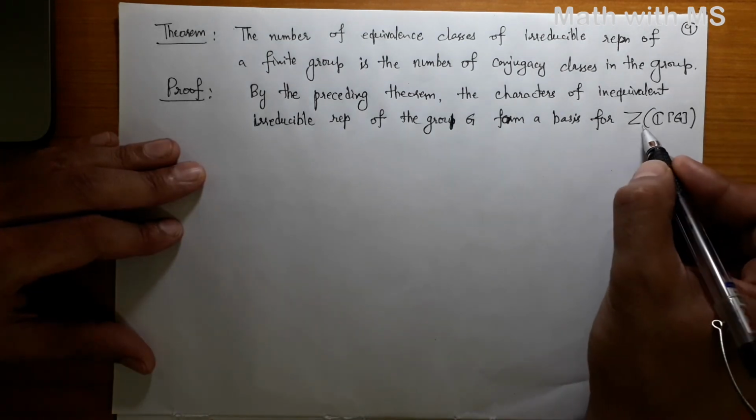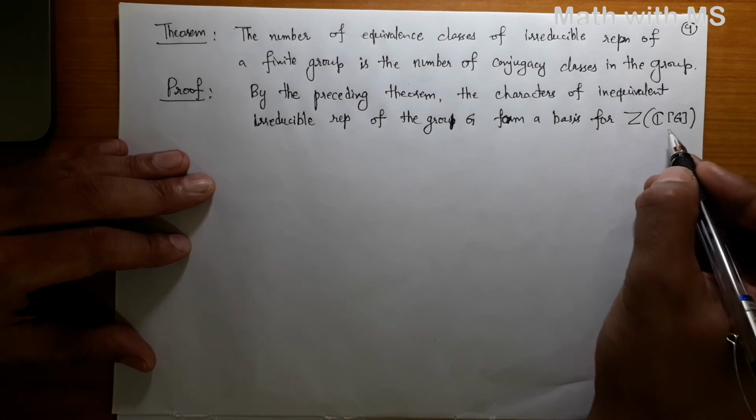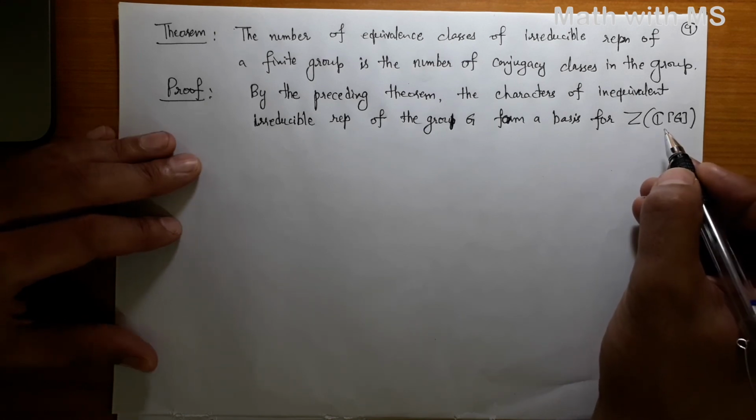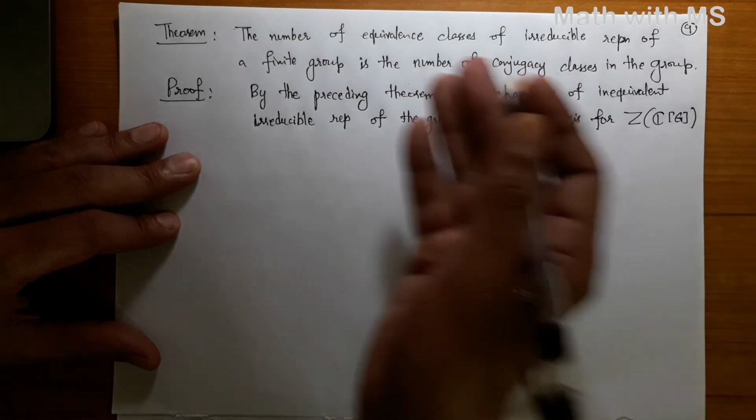But we know that the center of the group algebra has dimension equal to the number of conjugacy classes in the group G, and therefore the result.